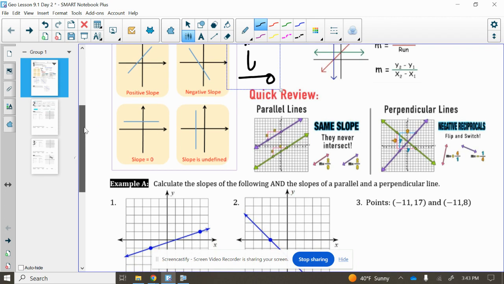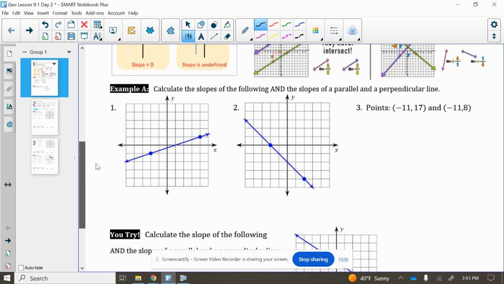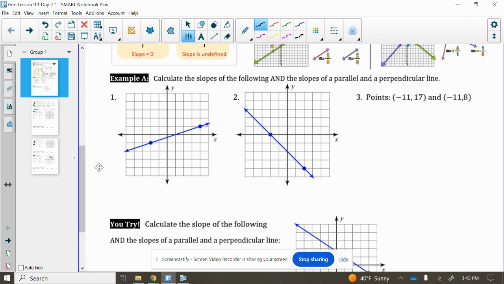So if we look down here in some of these examples, let's start off by calculating some of these slopes, as well as determining what would be the slopes of parallel and perpendicular lines. Because we have on this first one that the line, if we count, we have a positive slope for sure because it's increasing, and then we are rising 2 and running 6.